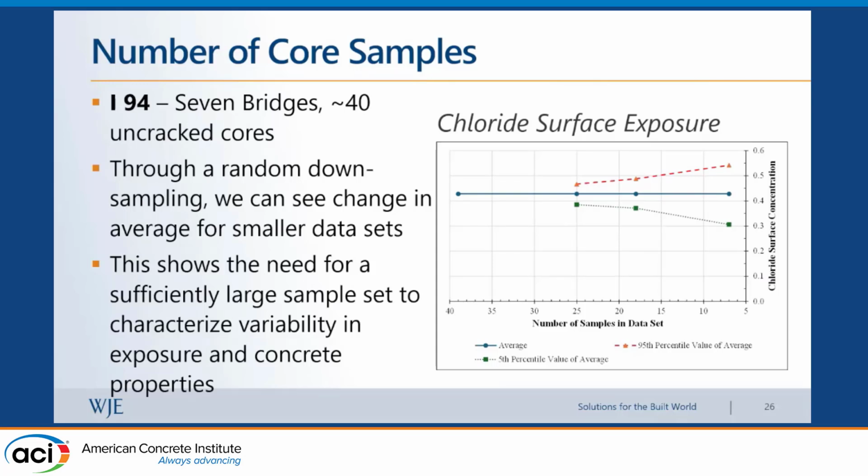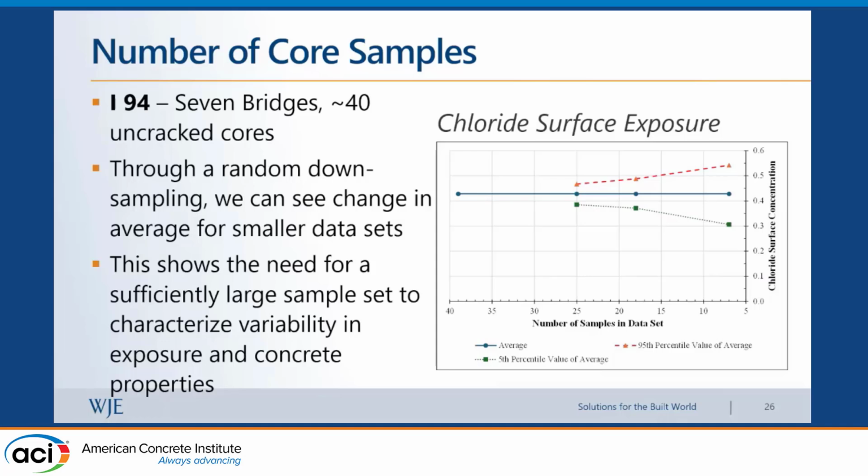One of the exercises we wanted to look at is the effect of the sample size. From the I-94 study, we collected over 40 cores at uncracked locations in 2020, in the investigation that was done in 2023. We wanted to see what happens if I randomly downsize that sample, and how the average surface chloride concentration can change. Going down from the 40 cores to 25, then 18 and 7 cores, we looked at how that average value would change using different combinations of random sampling from those 40 cores.